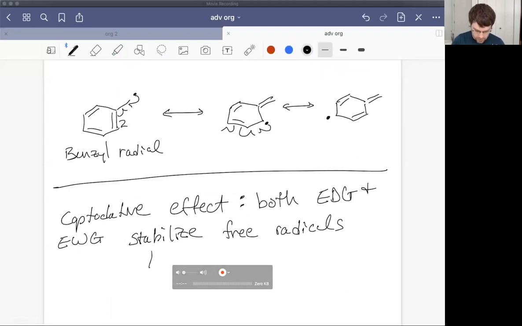And they do so more so than the sum of the electron donating group and withdrawing group by themselves.